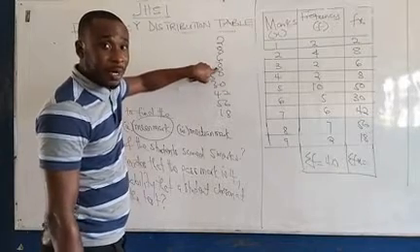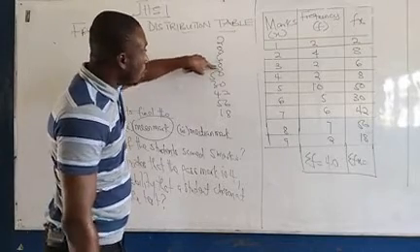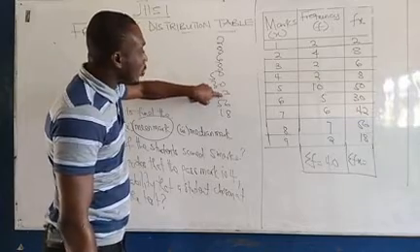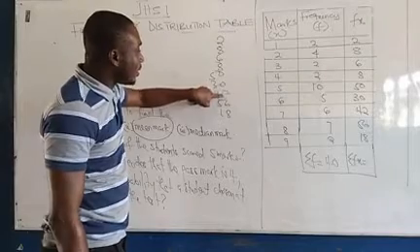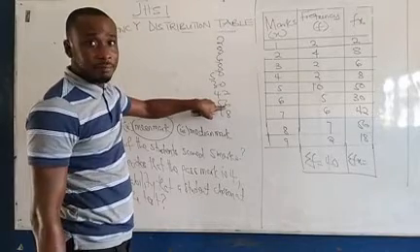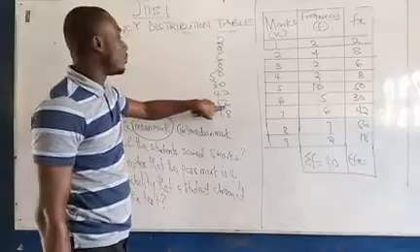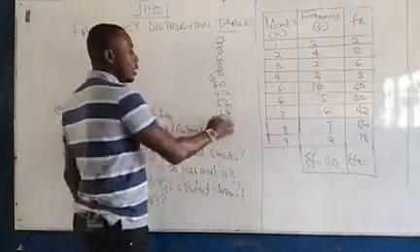What do you get? 24. 24, add 2 to it. What do you get? 26. 26, add this one to this. What do you get? 28.